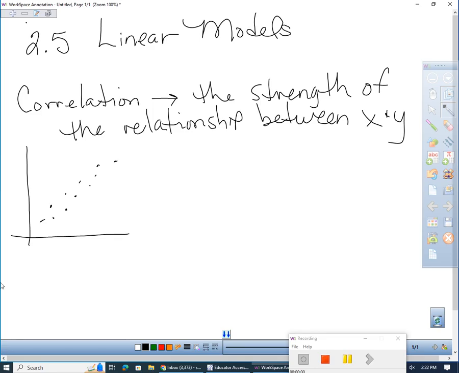If they're really close to being in a straight line, we call this a strong positive correlation. As X goes up, Y goes up.